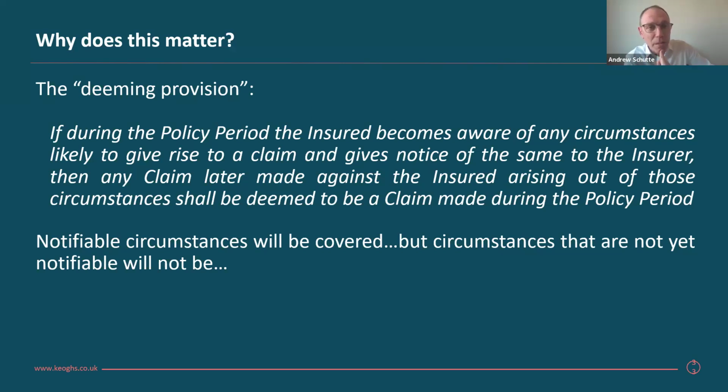When Lord Justice Staunton said the claim's got to be communicated, he was referring to the claim that the third party makes against the insured. So that has got to be communicated. There's got to be some correspondence or some discussion that crosses the line between the third party claimant and the insured.